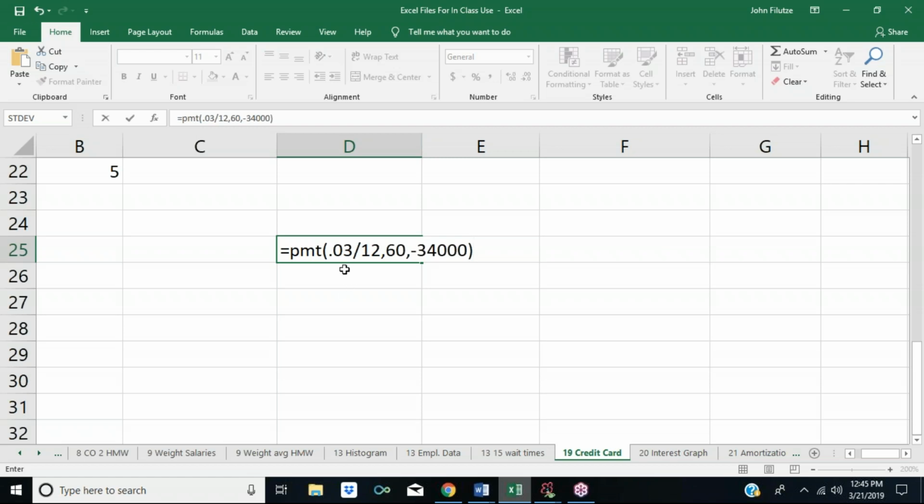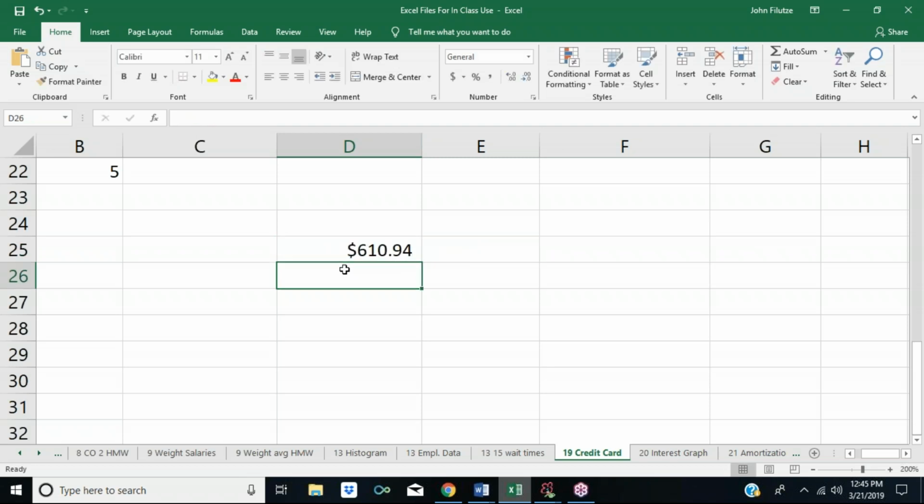And as a matter of fact, if you look on the last page in the section, oops, not the last page, on page 146, there's a table, just in case you don't have Excel in front of you, you could still answer the questions in the book. And if you look at the top left of the table, this is what it shows. And so it shows her monthly payment is going to be $610.94. And that's what Excel gives us.